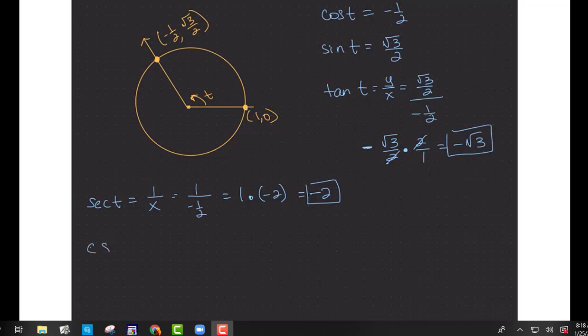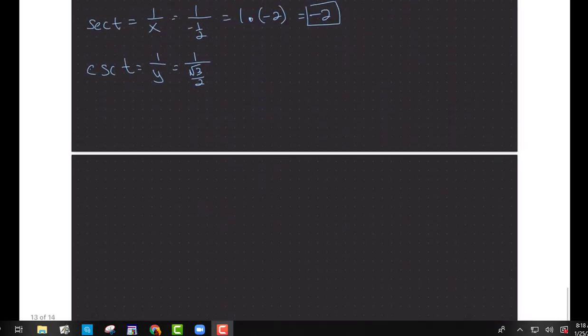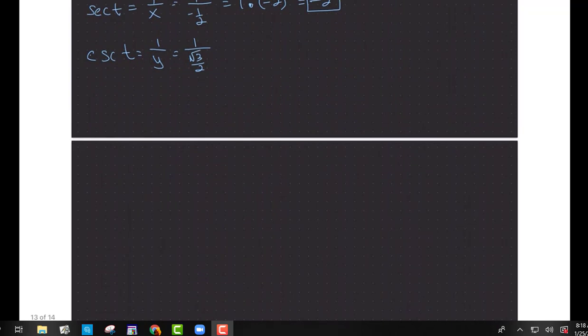Then there was cosecant of t, and that would have been 1 over y. So it'd be 1 over the square root of 3 over 2. I'm going to slide this up a little bit for you guys. Okay. So I've got to multiply by the reciprocal.